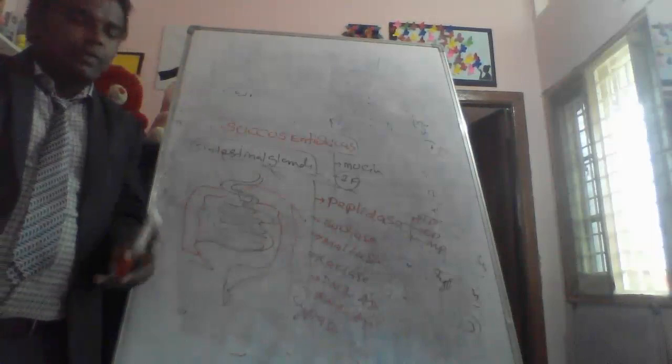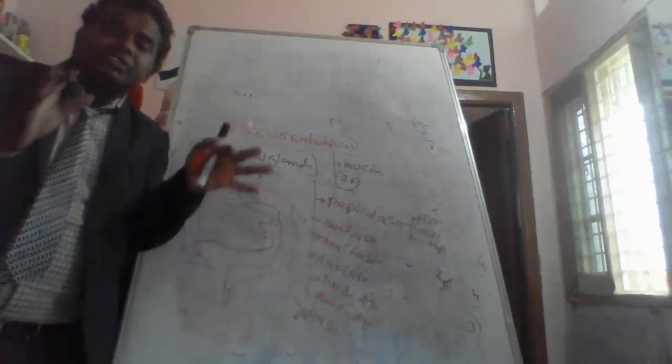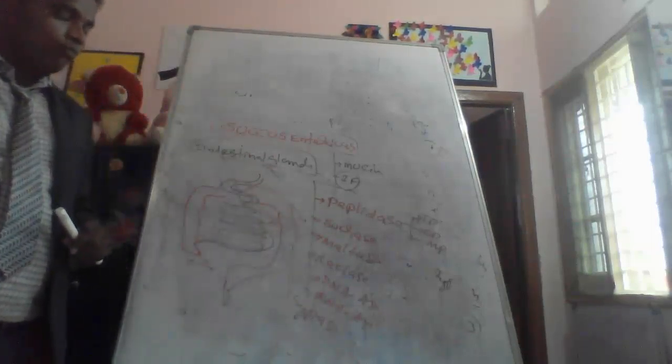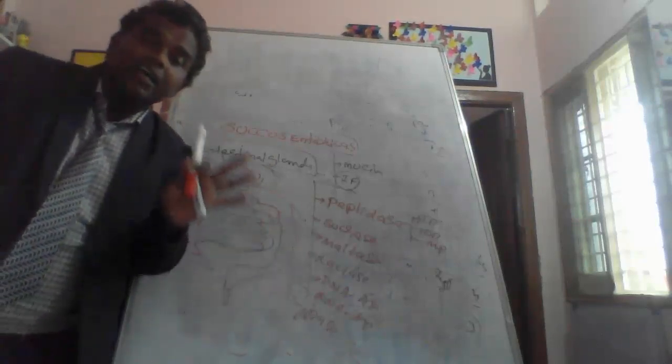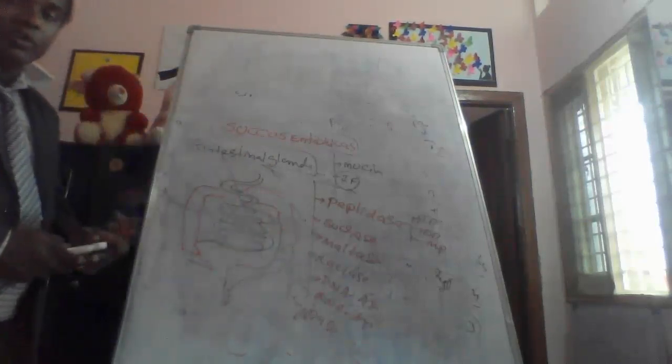The carbohydrate enzymes sucrase, maltase, and lactase digest carbohydrates. DNAase and RNAase digest the DNA and RNA particles. Lipase digests the lipid particles, fat particles.